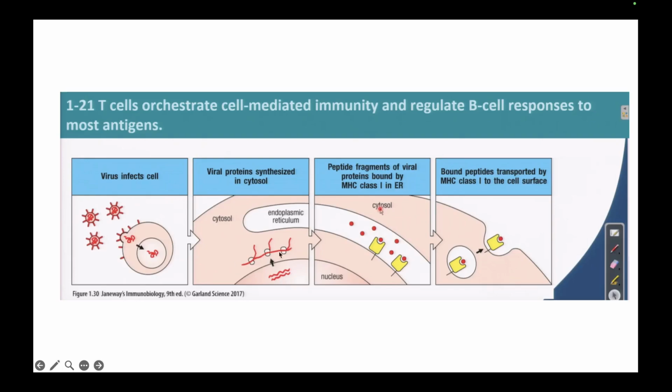As translation starts, peptide fragments of viral proteins are bound by MHC class 1 in the ER. In the endoplasmic reticulum the MHCs encounter these antigens and load themselves with the antigen, and then in vesicle form go to the surface and present this particular antigen.